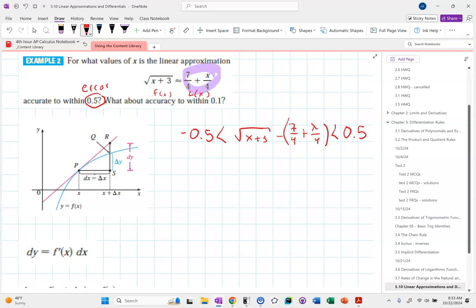so let's start by isolating the linearization on the inside here. So I will subtract the square root of x plus 3 from both parts of my inequality.